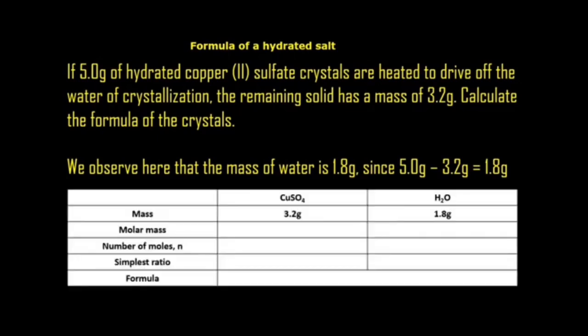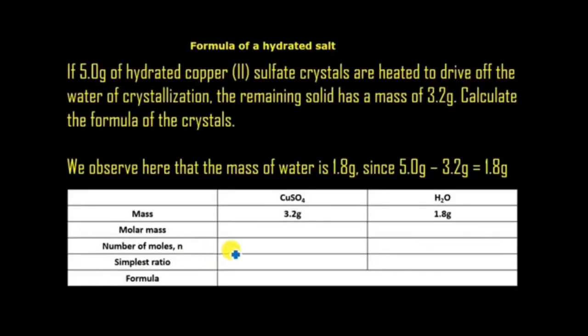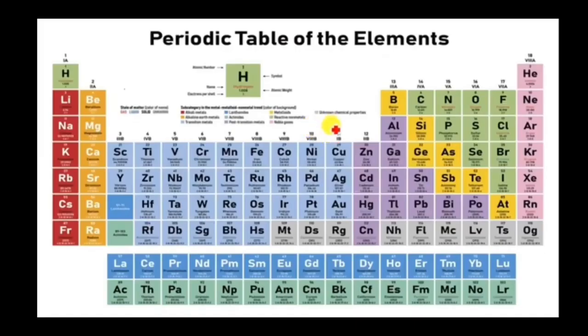We are going to look at how we can find the formula. The way is almost the same as we use for finding the empirical formula of simple compounds. For us to calculate the molar mass, we need to find the relative atomic masses of all the elements in this compound. Let's look at the periodic table. The relative atomic mass of copper, rounded off, is 64.